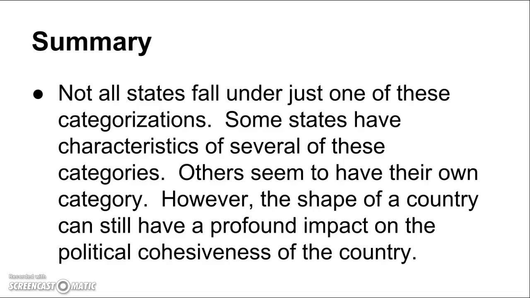So bring a map and label the different things that you see, such as where the capital is, what constitutes it being a compact, elongated, perforated, or fragmented state, and then bring that to class tomorrow. So, thank you and good luck.